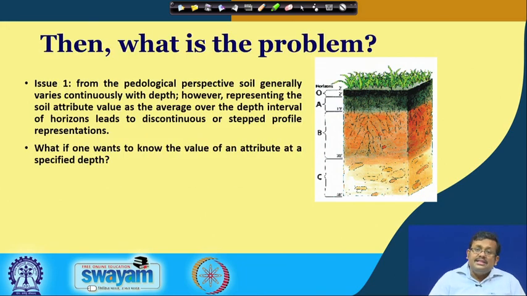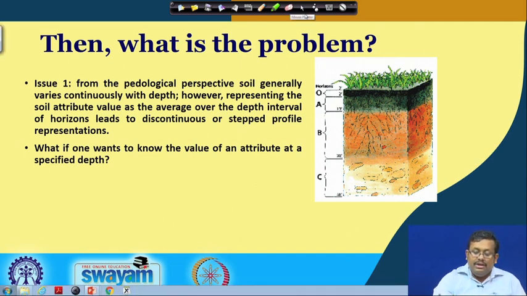However, what is the problem in that case? The first issue is, from the pedological perspective, soil generally varies continuously with depth. However, representing the soil attribute values as an average over the depth interval of a horizon leads to a discontinuous or stepped profile representation. We know that the soil property varies continuously from the top of the profile to the bottom of the profile.